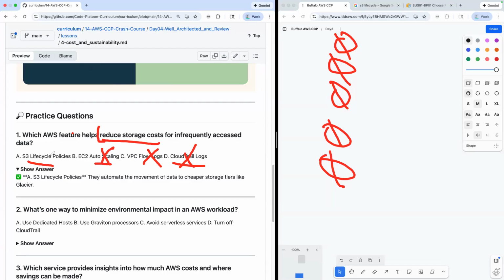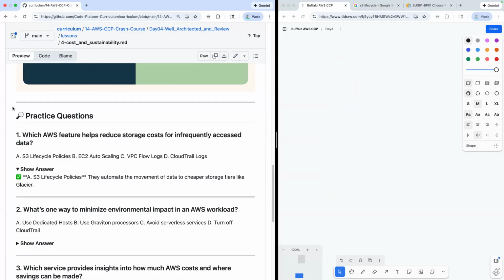But getting rid of C and D at least gives you 50% odds for A and B, which is good. And the reason A is correct is because an S3 bucket is where you store files, media, images. A lifecycle policy is about the life cycle of data in the bucket.